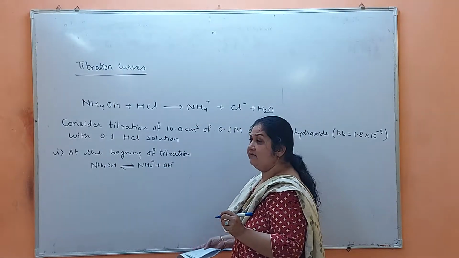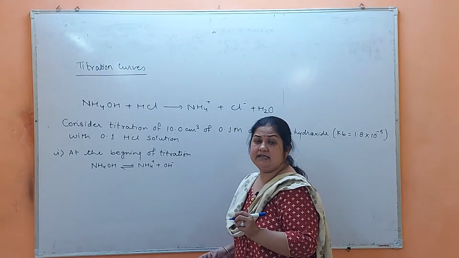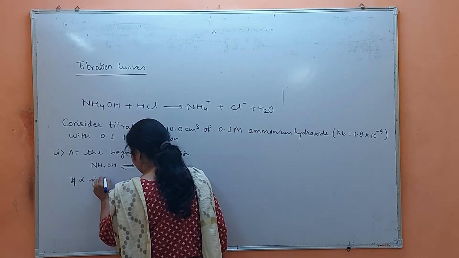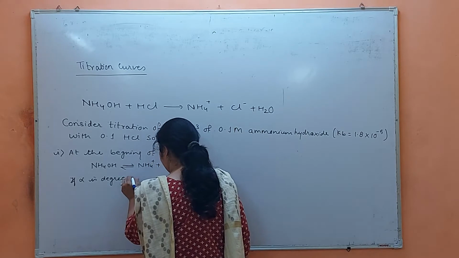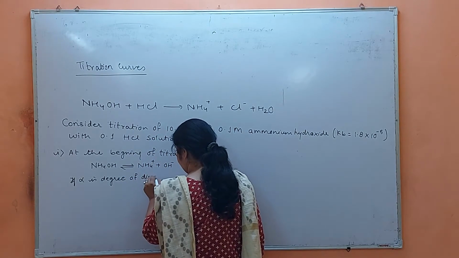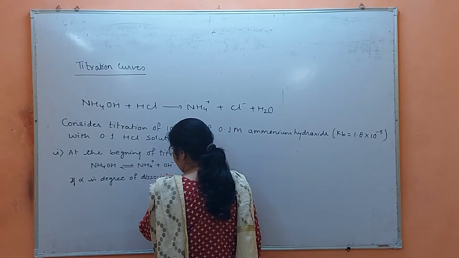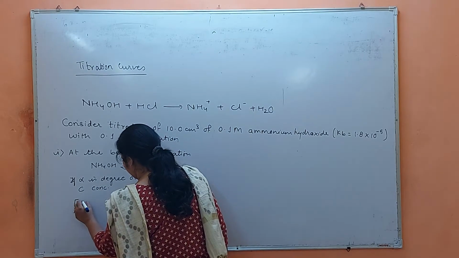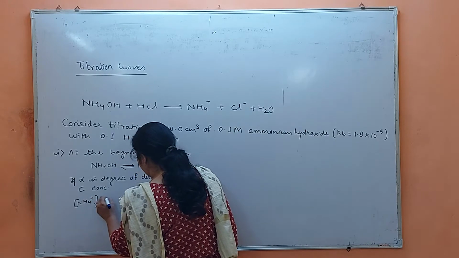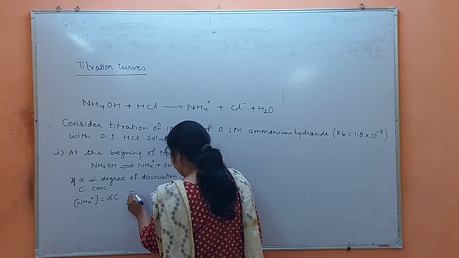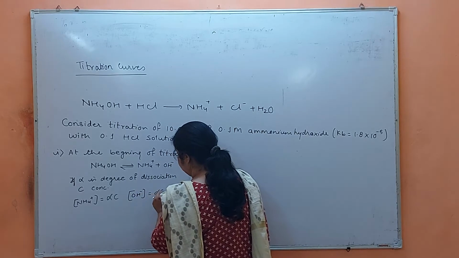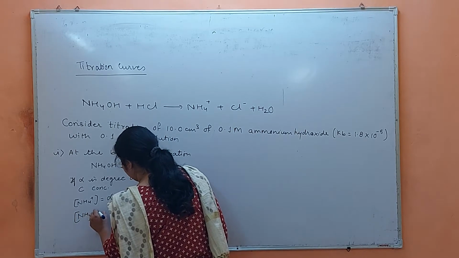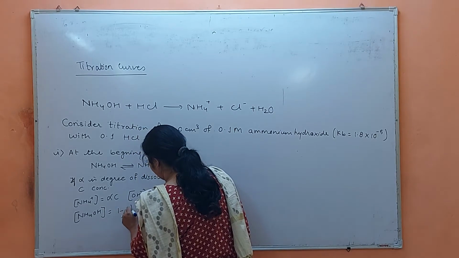Now see, if alpha is degree of dissociation and C represents concentration, then concentration of NH4+ will be equal to alpha C, concentration of OH minus will also be equal to alpha C, and concentration of NH4OH will be equal to 1 minus alpha into C.